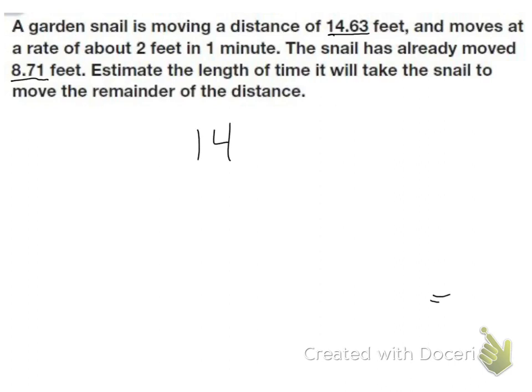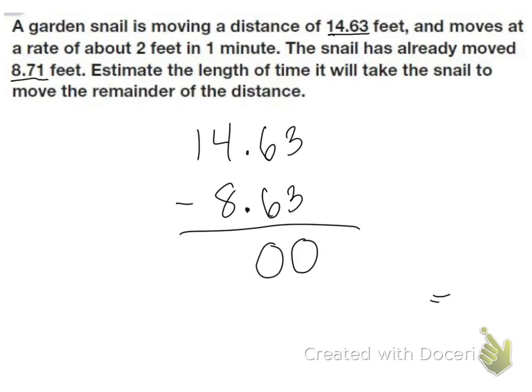So I could do 14.63 and then subtract 8.63 since the decimals are compatible. Okay, so 3 minus 3 is 0. 6 minus 6 is 0. Decimal comes down. And then we have 14 minus 8, which is 6.